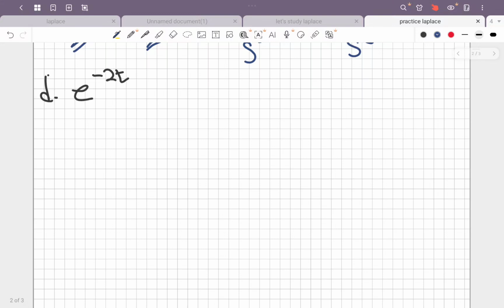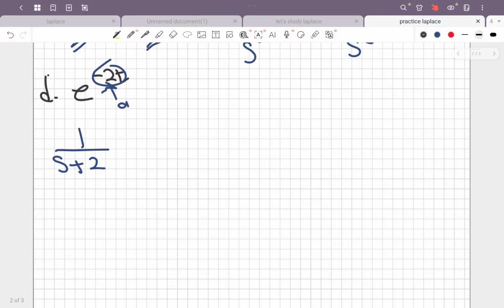Our final answer will be, because we need to consider 2 as an A, so t obviously will be t all the time. Our final answer will be 1 over s plus 2.